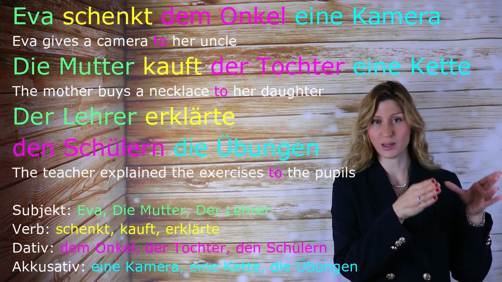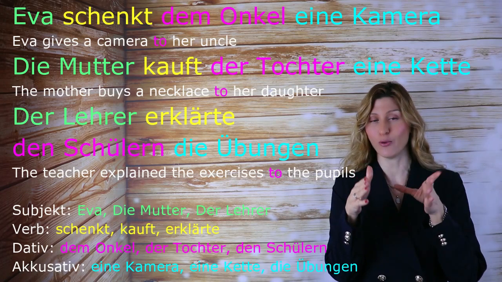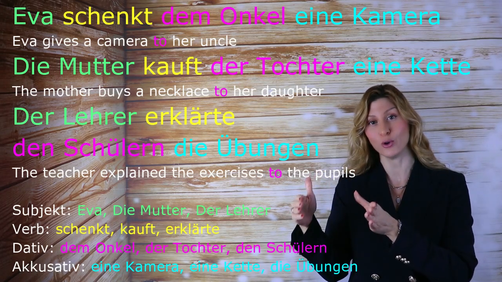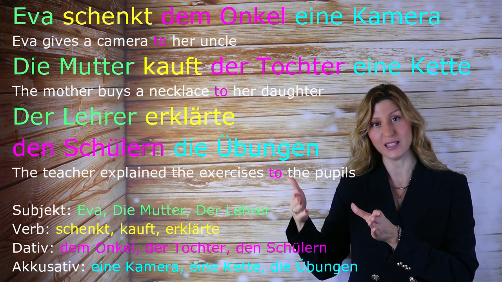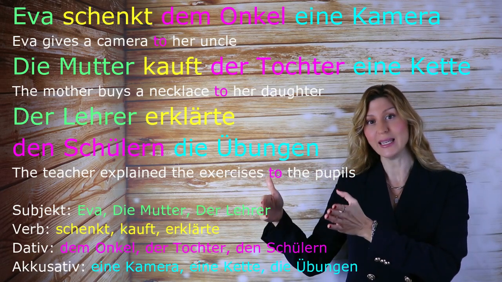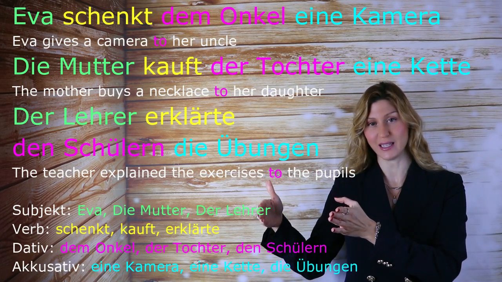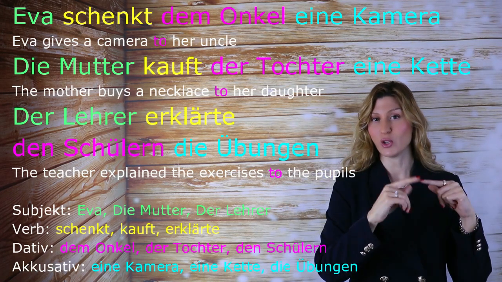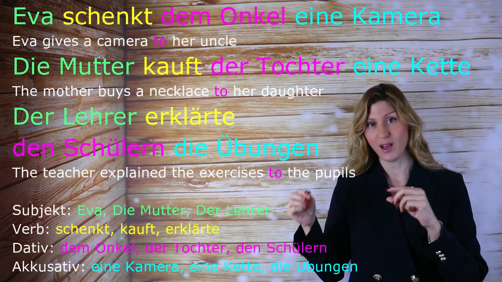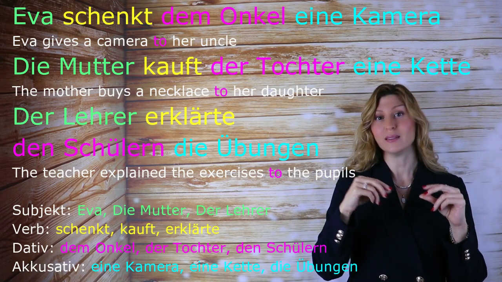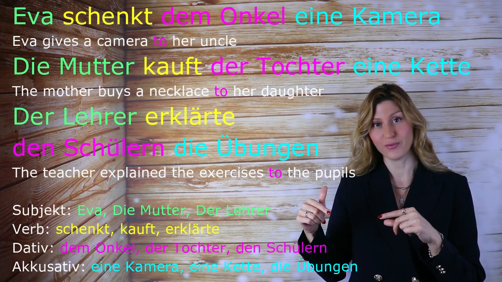Die Mutter ist Subjekt, Nominativ, kauft Verb, der Tochter, Dativ. Die is der in Dativ and eine Kette, Akkusativ. Usually when you have two objects in a sentence, one of them is dative.